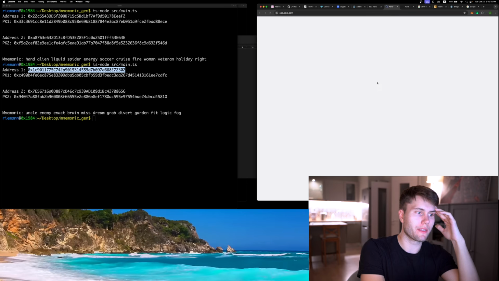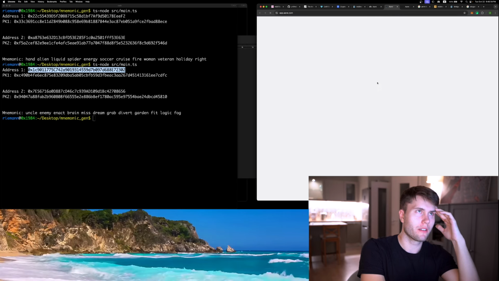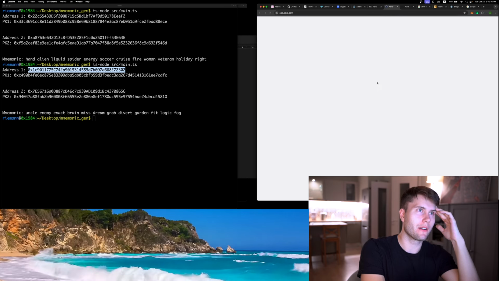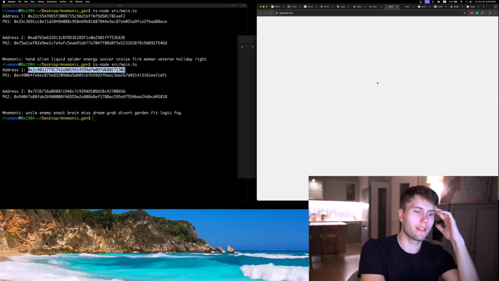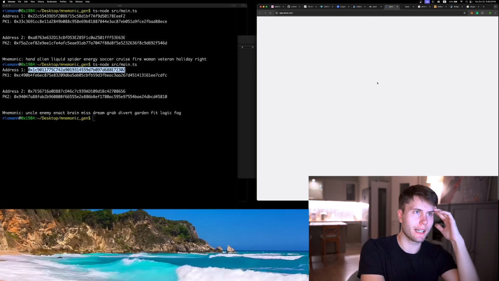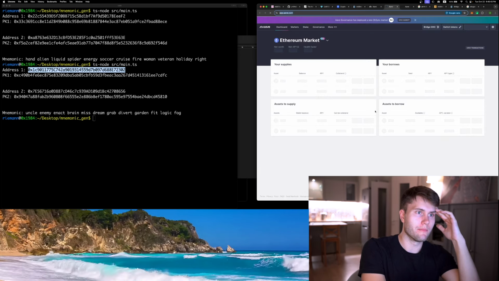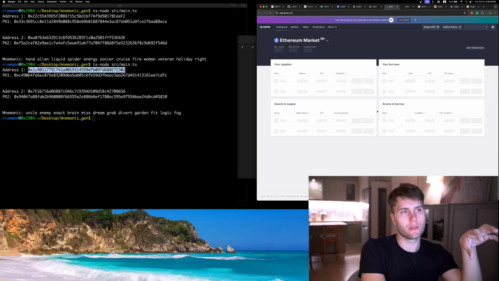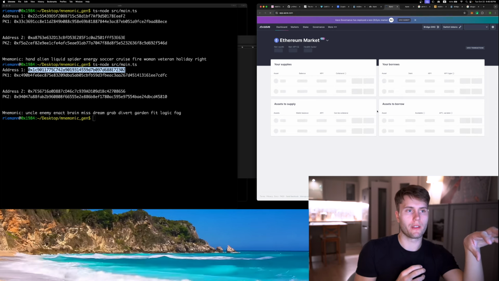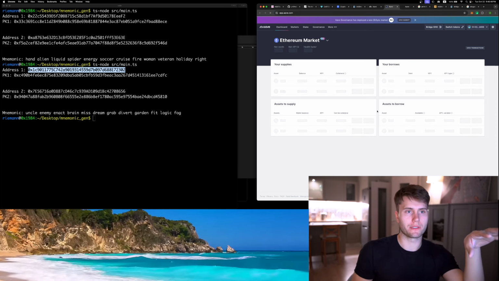If you think the price of Ethereum is going to go down, you'd be borrowing that volatile asset. So you deposit USDC, you borrow Ethereum, and then the price of Ethereum goes down.